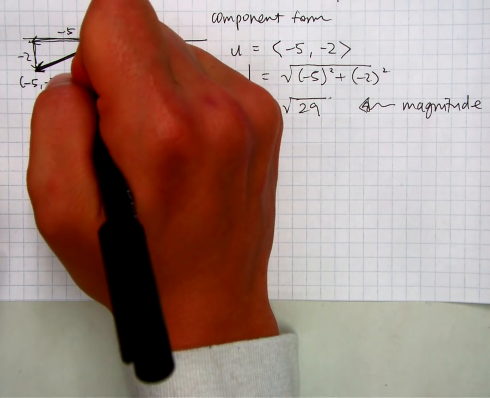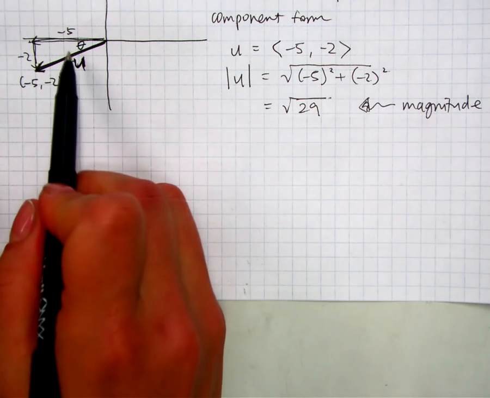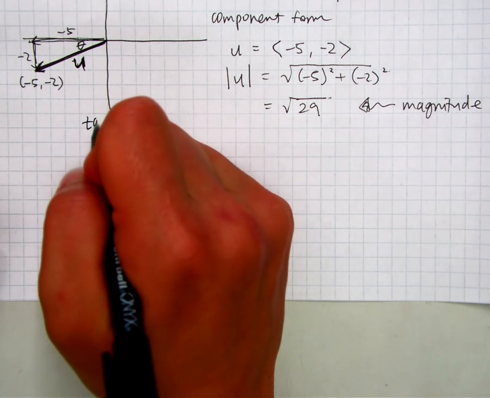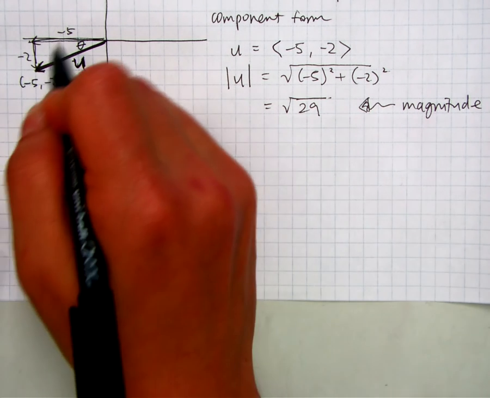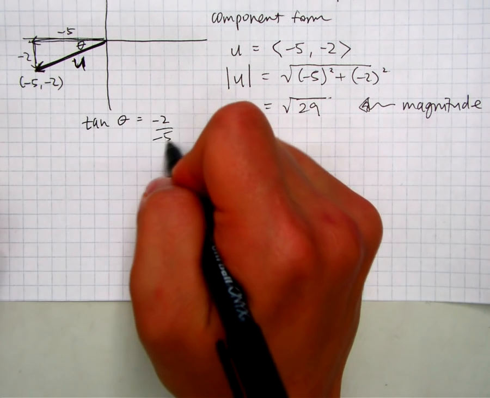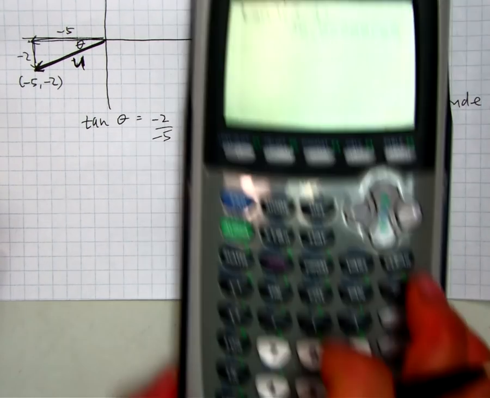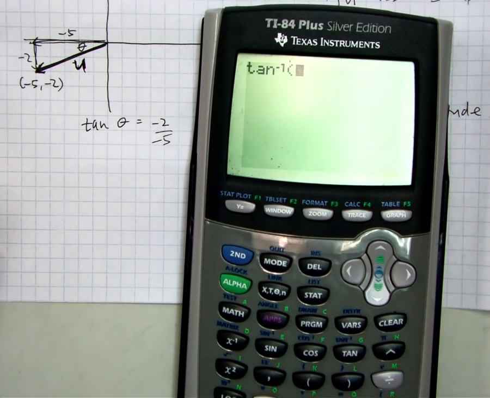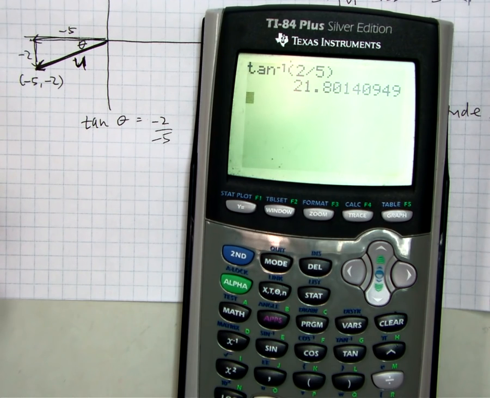Now this angle here, I'm going to use tangent again. Tangent of theta is opposite over adjacent. Now if you notice, if I take the arctangent of 2 over 5, which is the same thing as negative 2 over negative 5, I get 21.80.